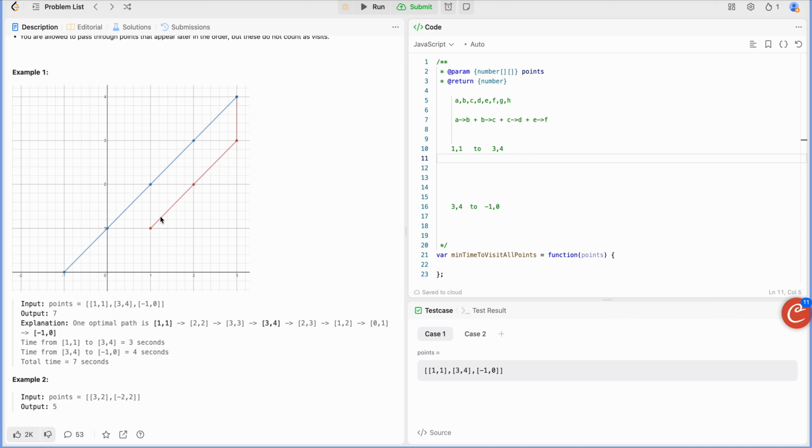But if I go diagonal, then it is just two steps only. So instead of going through a long way, I can just take a straight, direct path. If I'm here, it is always diagonal, right? So when it is possible, I should go on the diagonal path and then only go upwards, right?